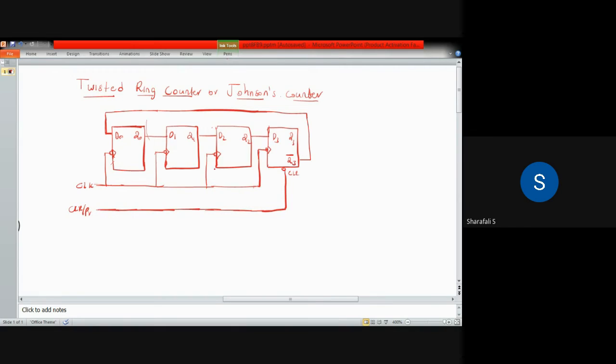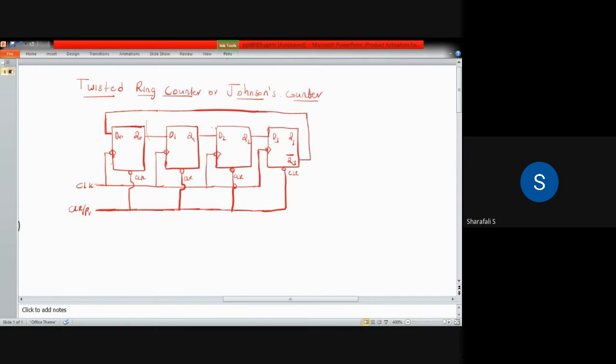All flip-flops are cleared because we have given this connection at the bottom, which means all of these are in the clear state.